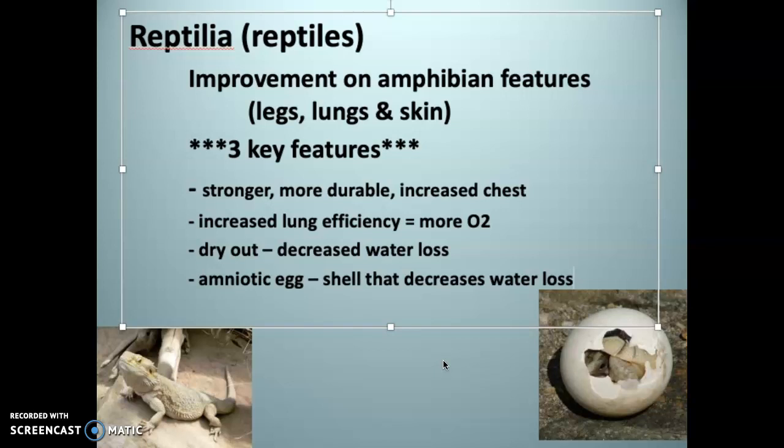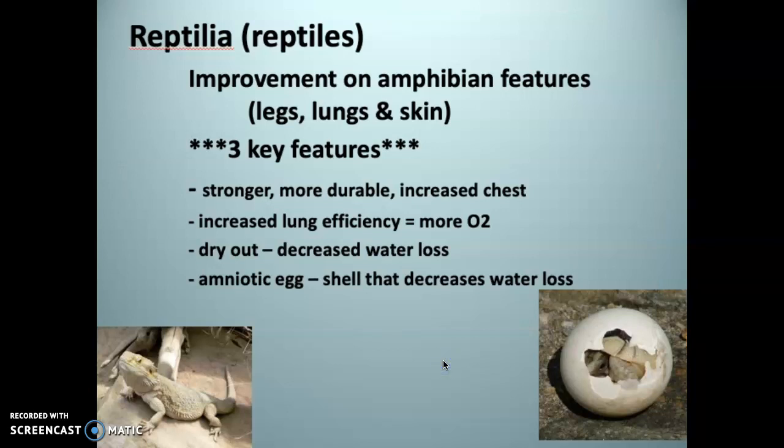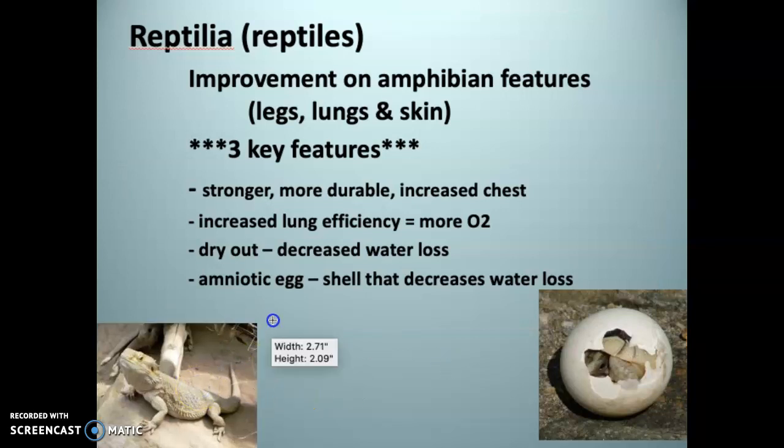So you don't have to have water there to breathe, and you don't have to have water there for reproduction. Amphibians lay their eggs in moist, wet, aquatic environments. Reptiles, they can drop them in the desert. A turtle comes up onto the beach and lays its eggs in the sand, and the shell of that egg protects it and increases the survival chances of that embryo.